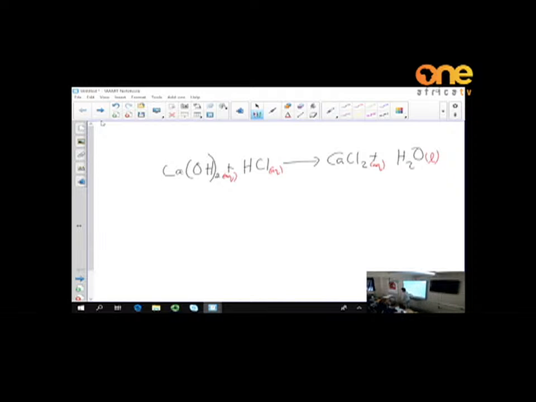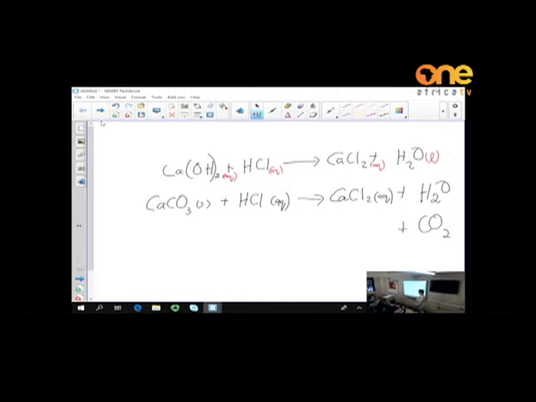Aqueous, yes, water soluble. If I, for example, said calcium carbonate, this stuff is a solid, plus we can take hydrochloric acid, which is aqueous. There we go. And we will get calcium chloride, also aqueous, plus water, plus carbon dioxide.